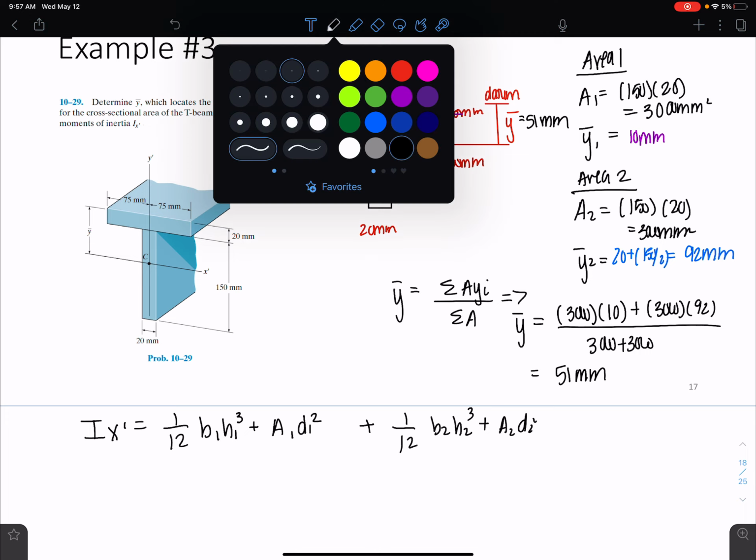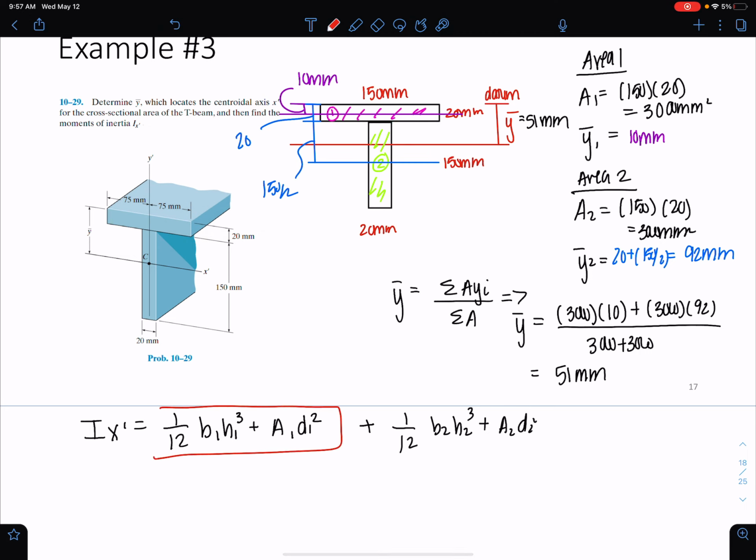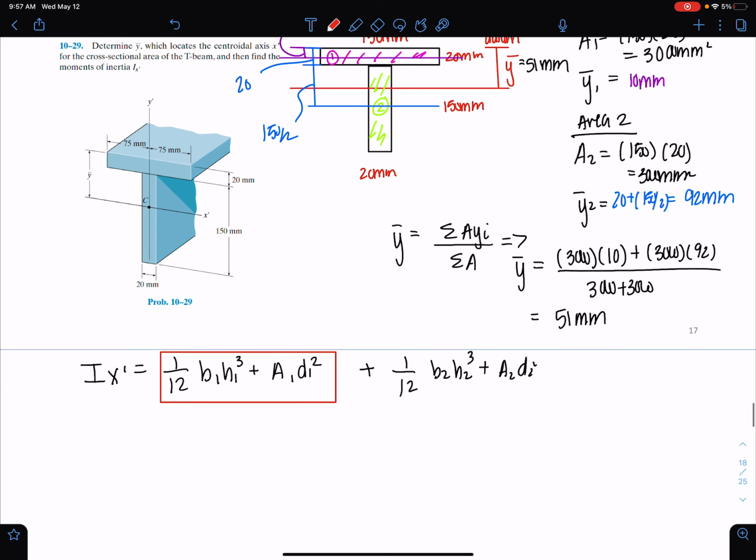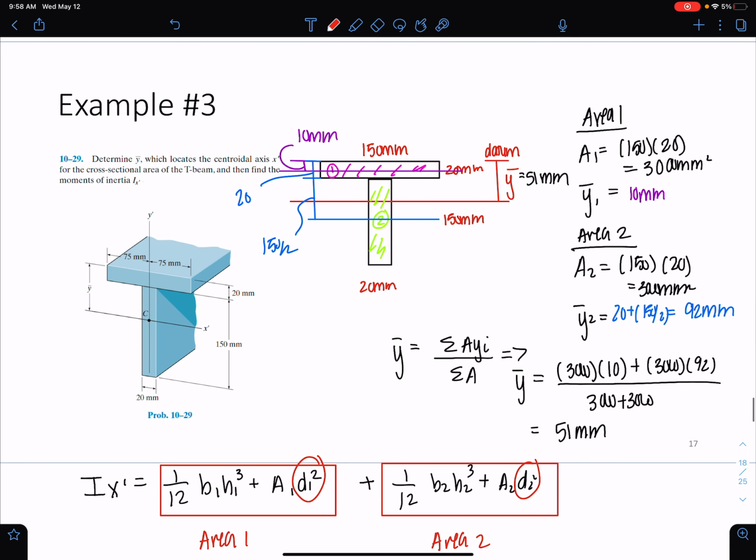This here is area 1. This here is for area 2. The really tricky part about this is just having to find these distances d. Other than that, it's pretty straightforward. So let's come back up here and work on finding these distances d.